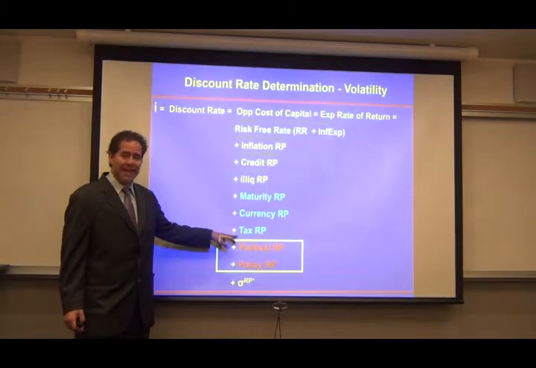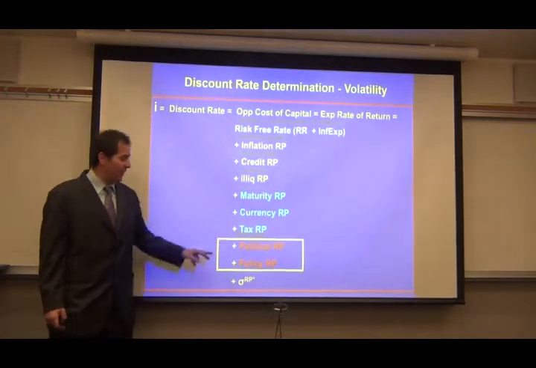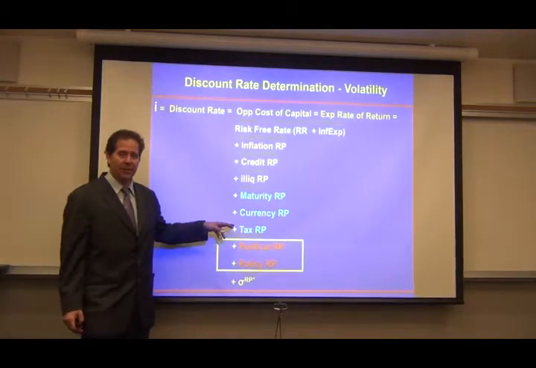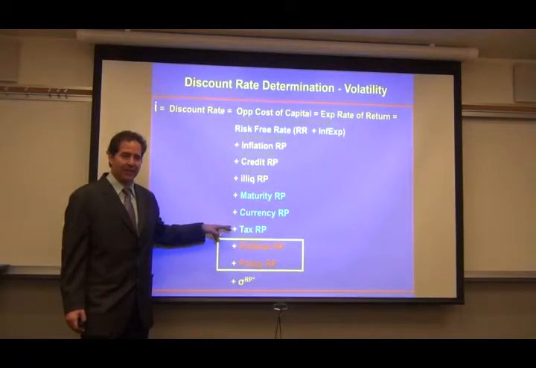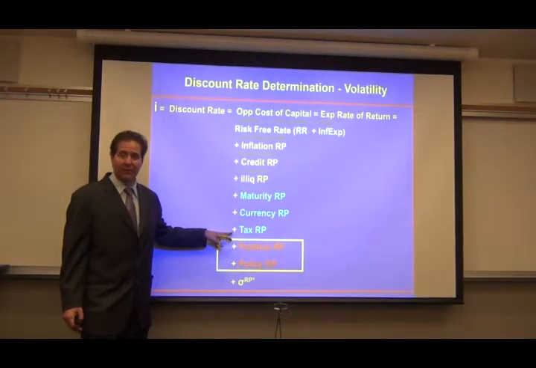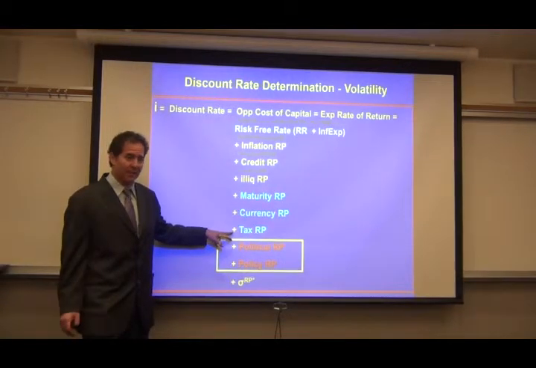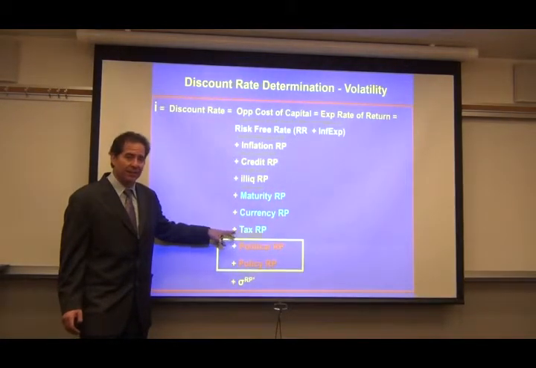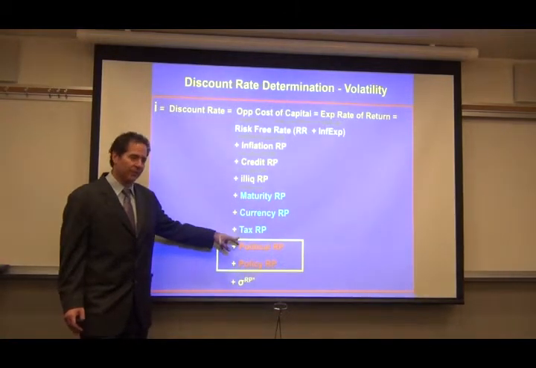Tax risk premiums. This became very important last year with the changes in the capital gains tax, income tax, and Obamacare, which added a higher tax to a lot of individuals, and the corporate taxes are coming. Taxes are going to change in the near future, so there needs to be a tax risk premium embedded in your discount rate.